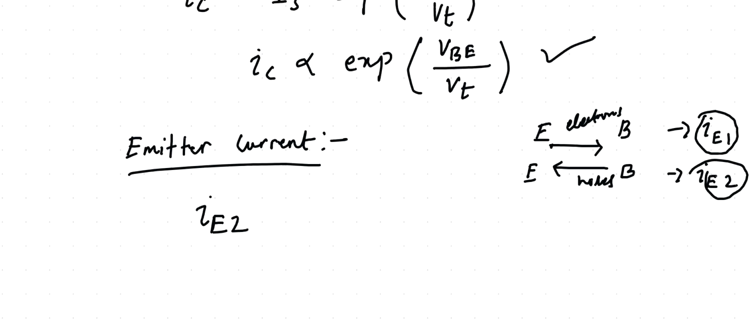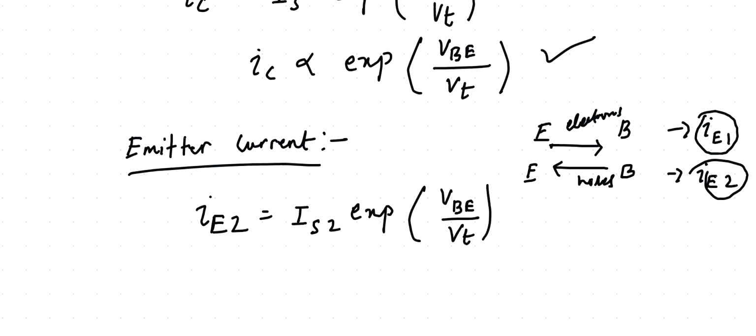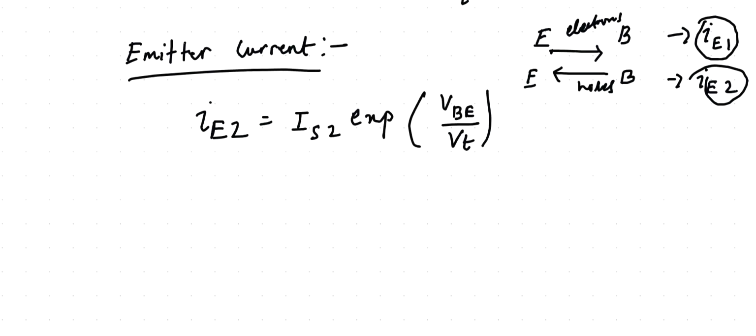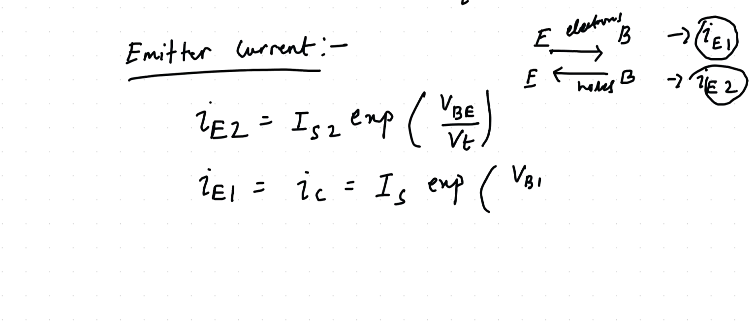Suppose I just write IS2, from the diffusion current expression, exponential of VBE by VT. Definitely it will also depend upon the base emitter voltage. And IE1, we have already discussed that it is the collector current, which we have written as IS exponential of VBE by VT.